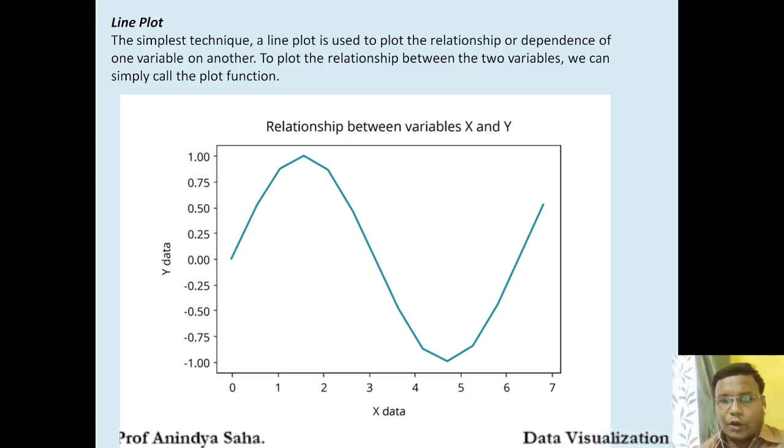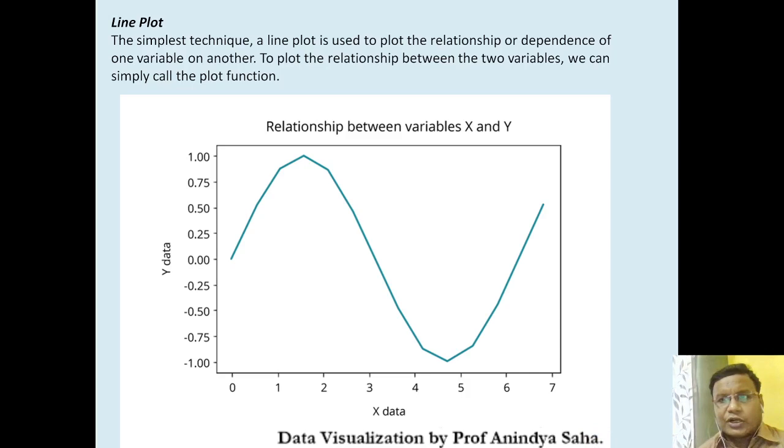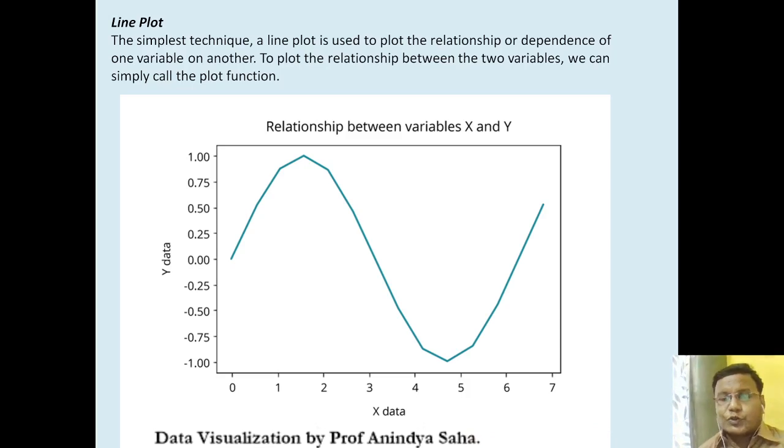Line plot. You are all habituated with this line plot. It is the simplest technique by which you can plot the relationship or the dependence of one variable on another. To plot the relationship between two variables, we can simply call the plot function.